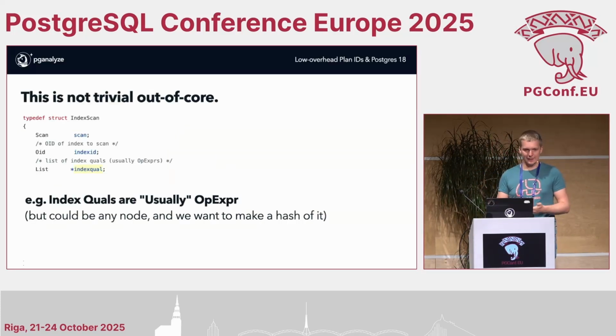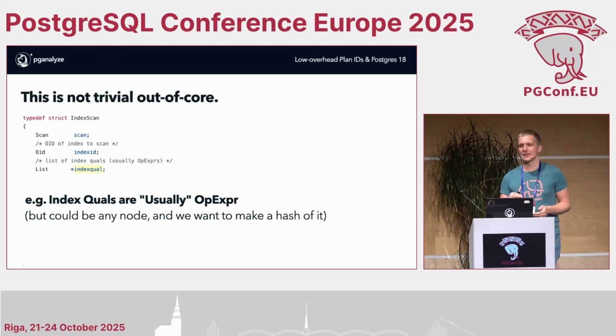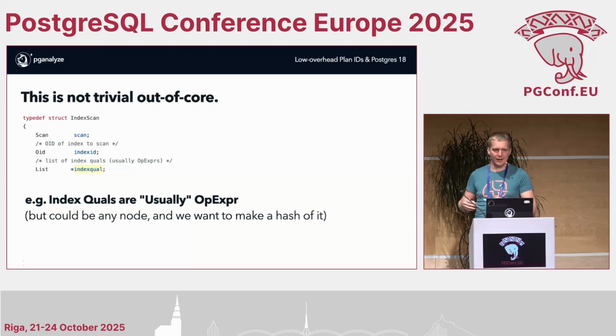Now, this is not trivial. There is a reason why pg_store_plans and pg_stat_monitor and others have not done this, because we have many different node types in Postgres. Internally in Postgres, index scans, for example, are a kind of scan. They have an index that they're scanning, but then they also have index quals, basically the index condition on that index.